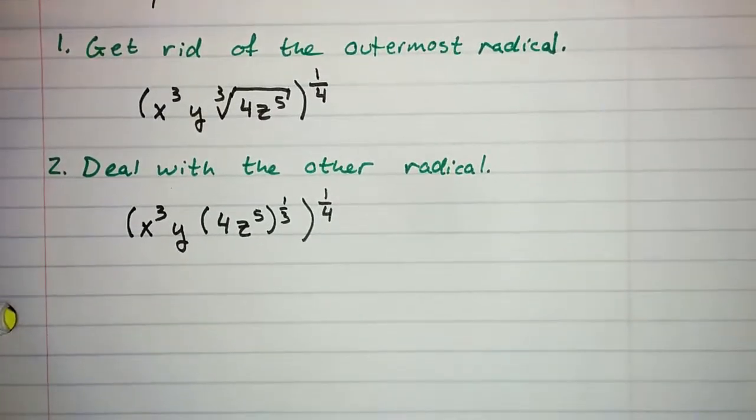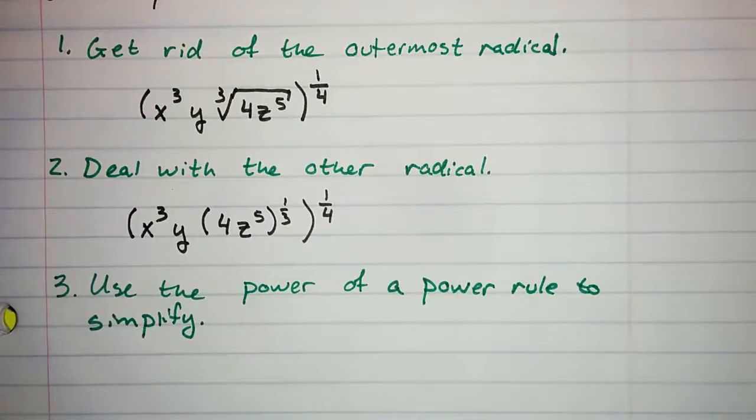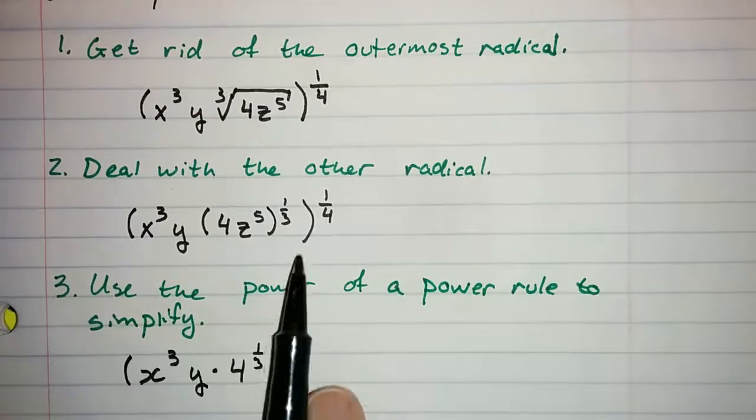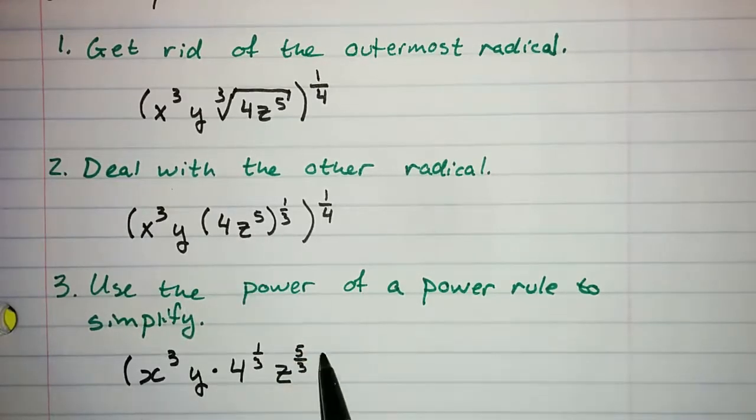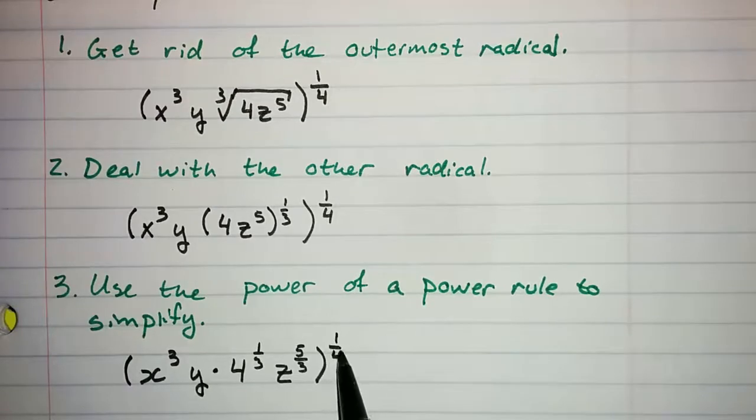Now I'm just going to use the power of a power rule to simplify. I like to deal with the innermost parentheses first. Notice that 1/3 times 5 is 5/3.